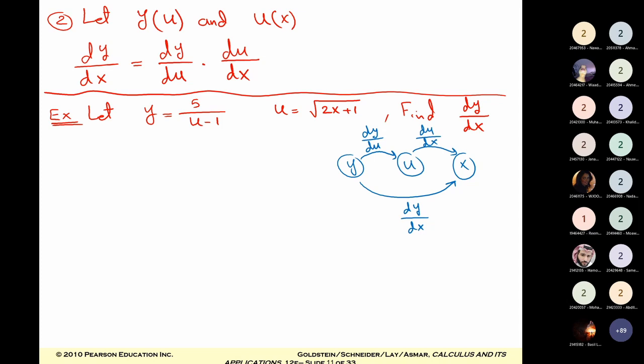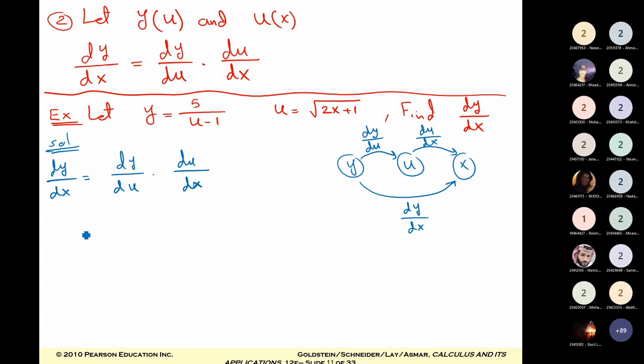Now the solution: we need to find dy over dx. This is equal to dy over du multiplied by du over dx.